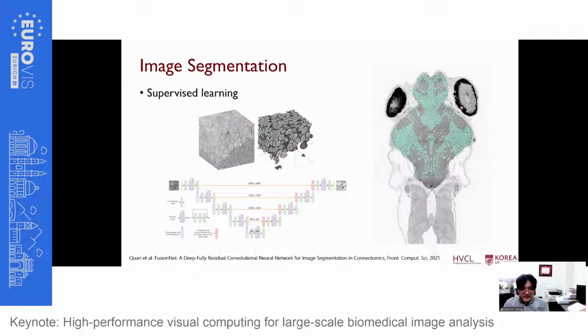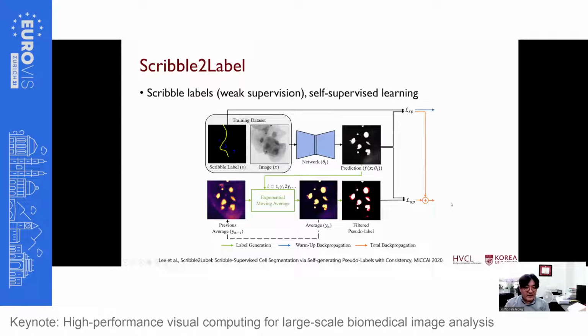The next topic is image segmentation. We have labels that we can train on using deep learning, and then we can do the segmentation. This is what we did before, but making these labels is very difficult. So the algorithm that we proposed last year asks, why don't we use only a few scribbles instead of full labels?